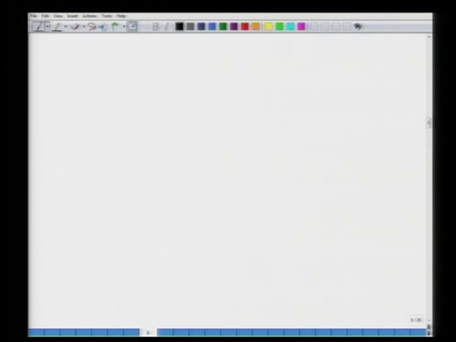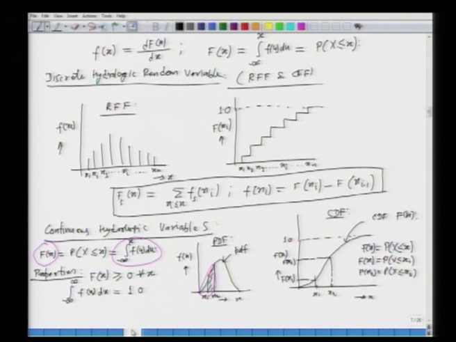Let us move further. What will be the area under the PDF between x1 and x2? Can anybody think about it? If I go back, this is my PDF, and this is x1 and x2.